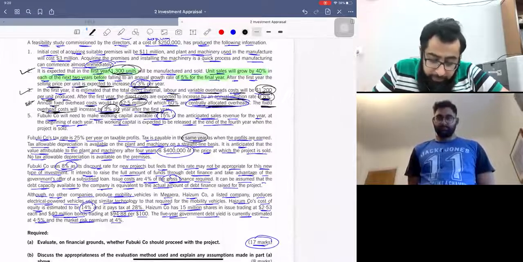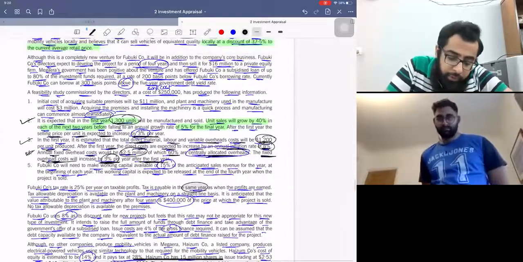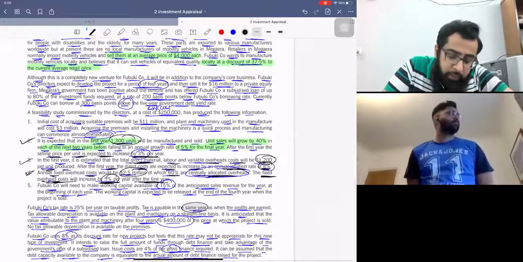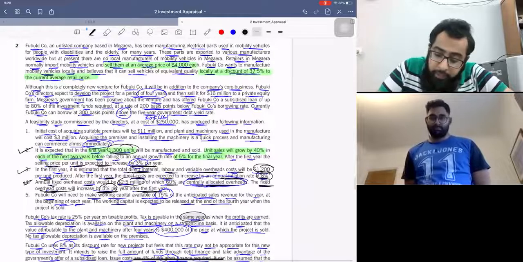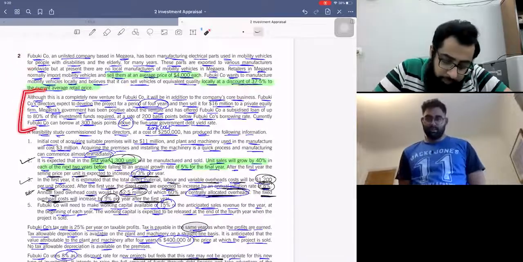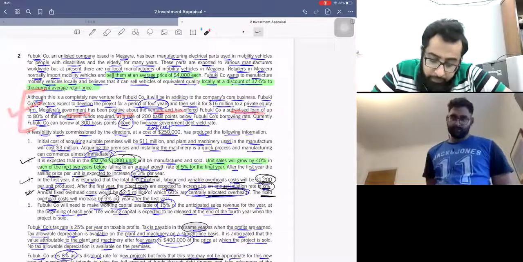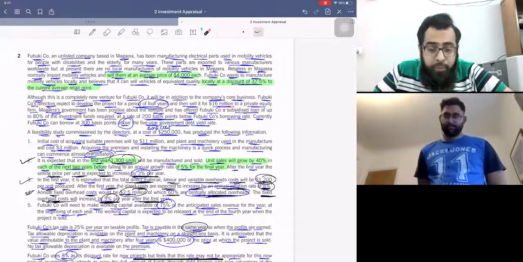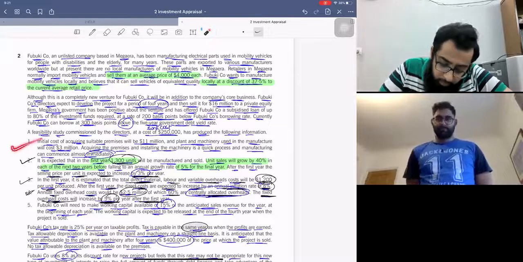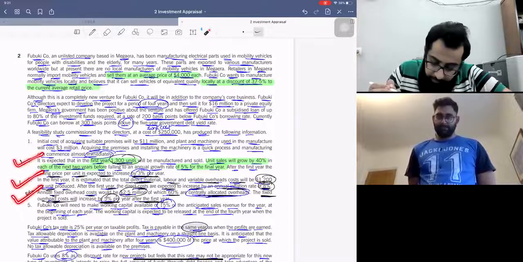Let's look at whether there is any other operational cost. If you review the question, the first paragraph was on the project detail and the selling price. The second paragraph gave us detail about the government subsidized loan benefit and the scrap value of the project. Then the initial cost, sales, variable cost, fixed cost.